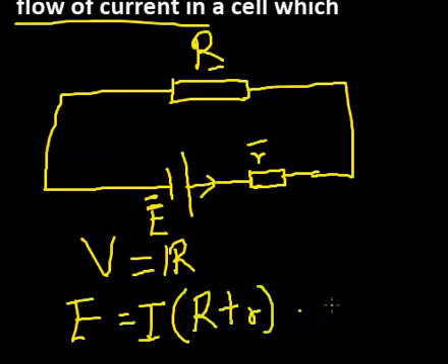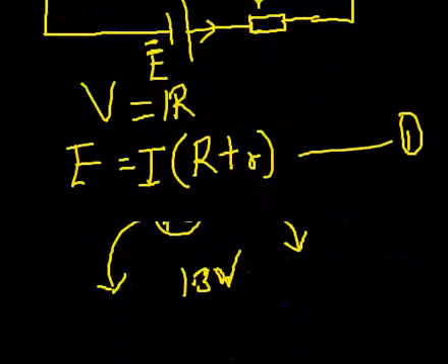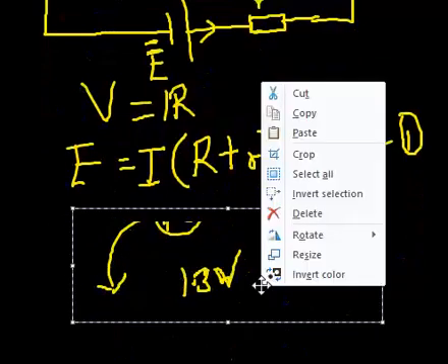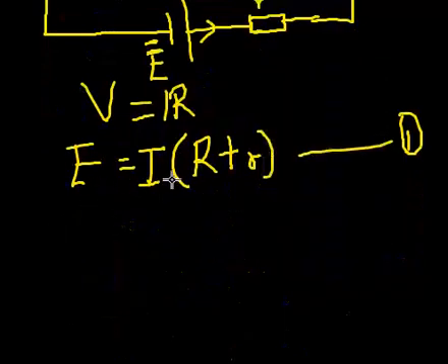So this formula is used for a cell that has internal resistance. The EMF delivered by a cell is given by E equals I(R plus r). This can help if you want to get the current that the cell can deliver.